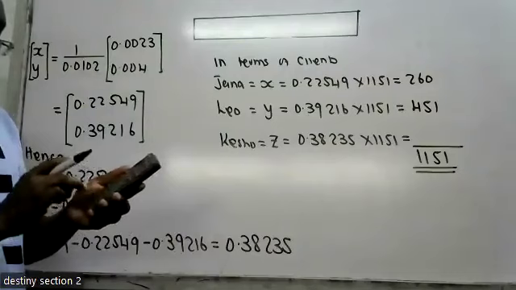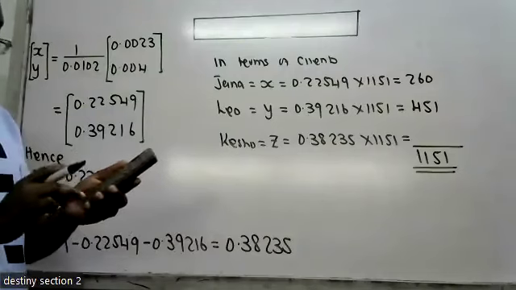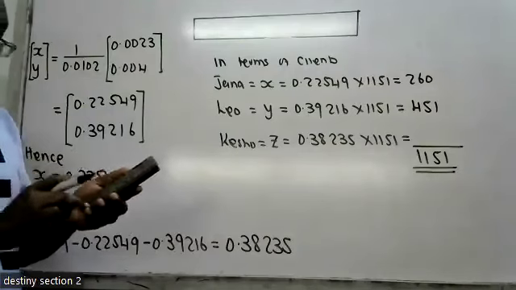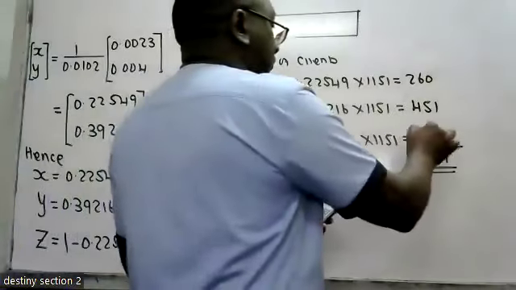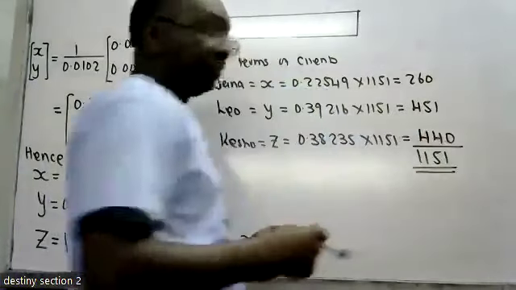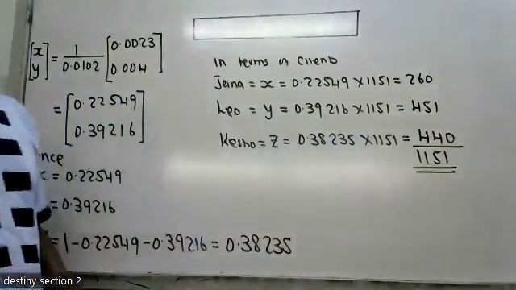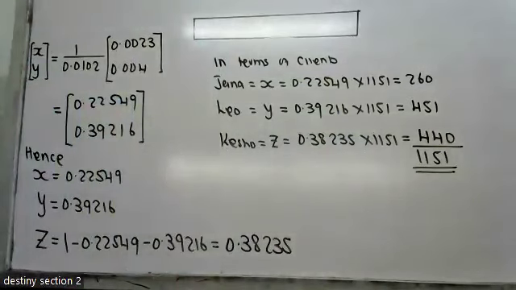So 1151 minus 260 minus 451 is 440. So that is how the question should have been handled.